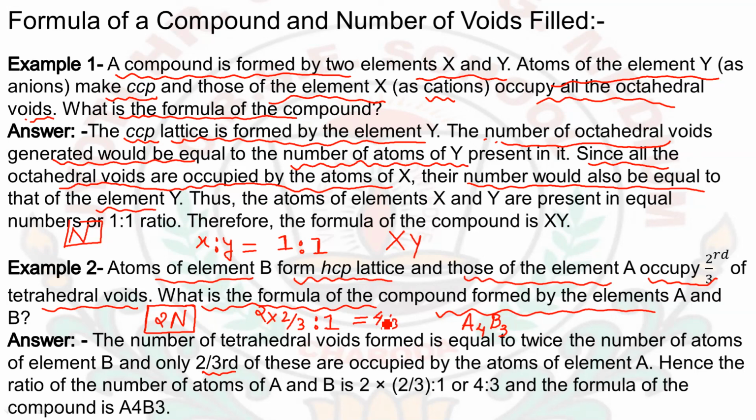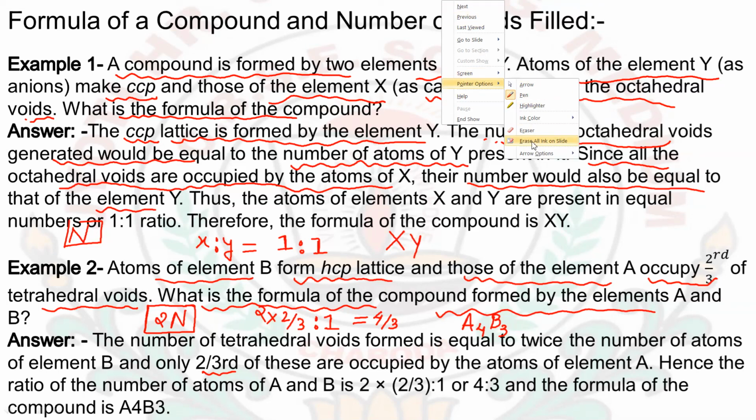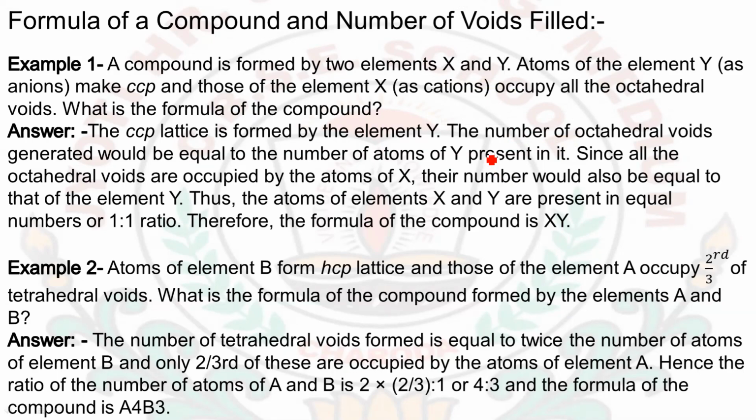So 4 A's are attached with 3 B's to form this compound, and hence the compound is A4B3.